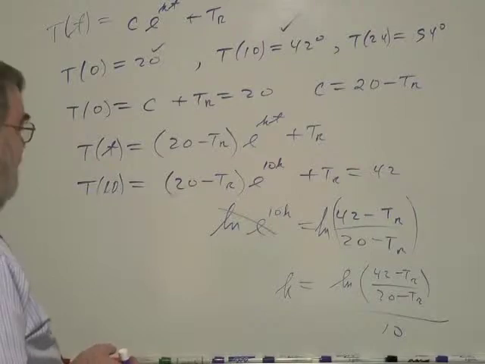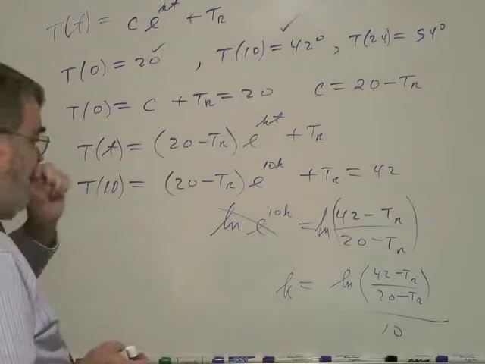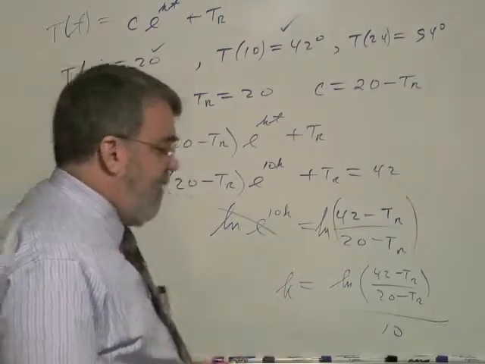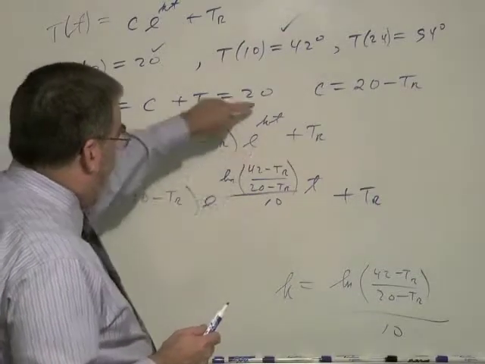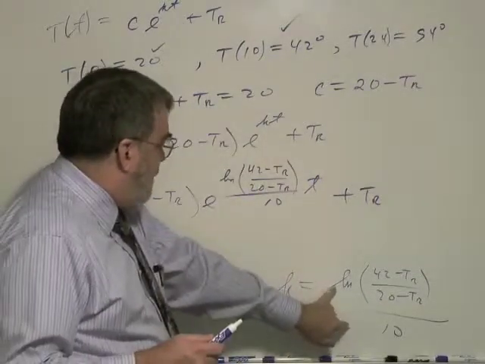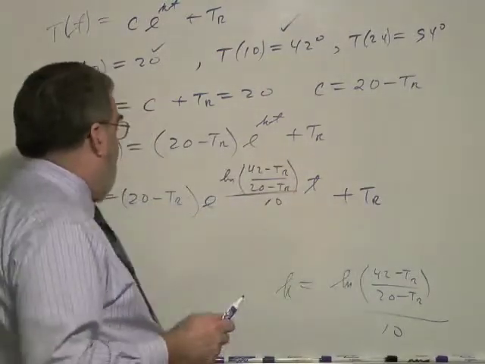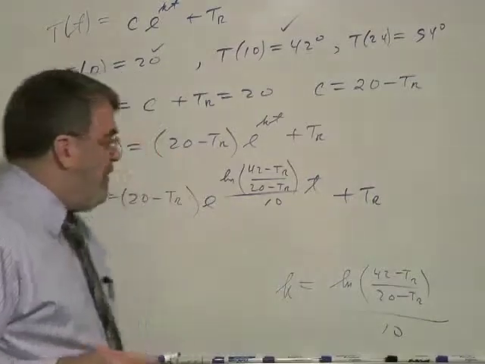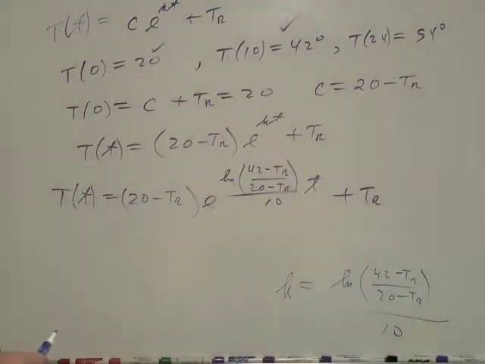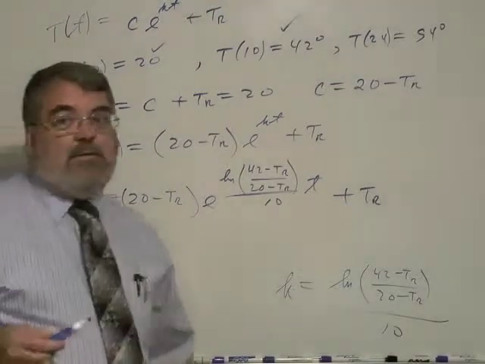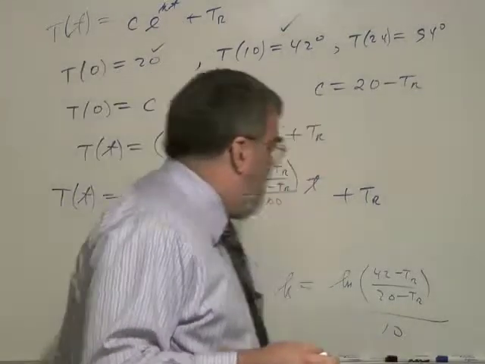Let me do some erasing, and we'll write out this function using this k value. I took this function and replaced k with this rather ugly thing here, times t, plus Tr. So here's my temperature function, and I have one more piece of the puzzle to plug in. This should hopefully allow us to figure out the temperature of the room. But we can do something to help ourselves here.